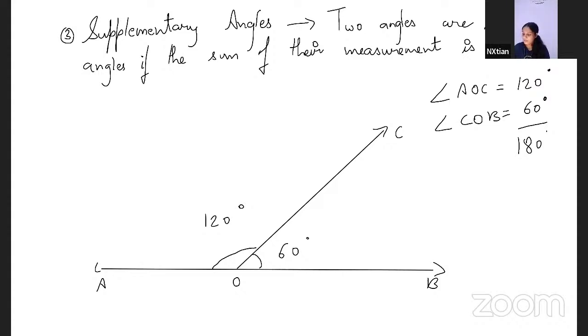So when you are getting the sum as 180 degrees, or when a straight angle is forming, it is known as a pair of supplementary angles.